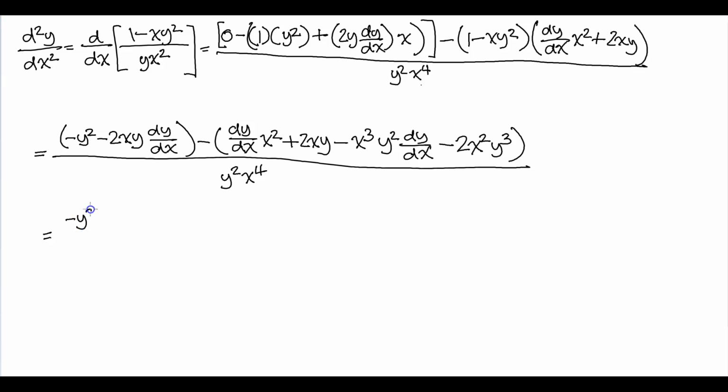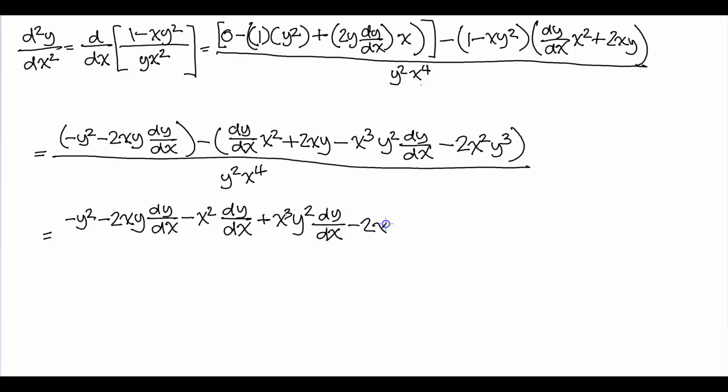So you have negative y squared, minus 2xy dy/dx, minus x squared dy/dx, plus x cubed y squared dy/dx, and everything else, minus 2xy plus 2x squared y cubed, all that over y squared x to the fourth.